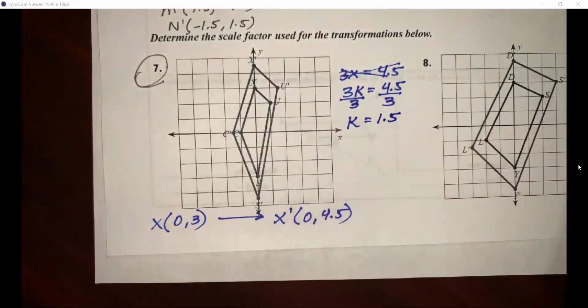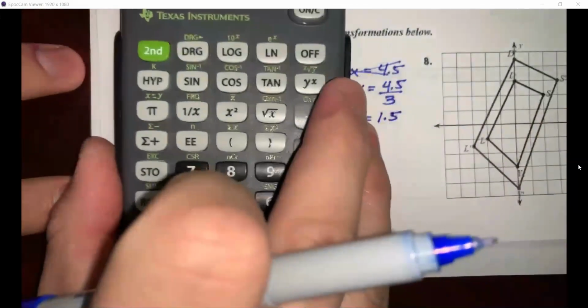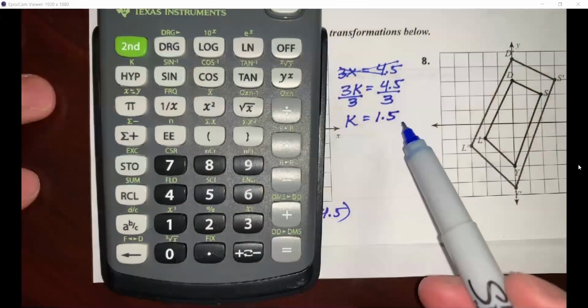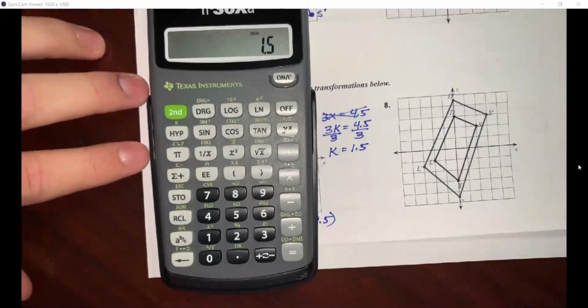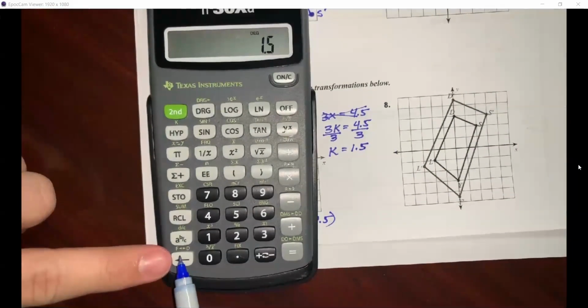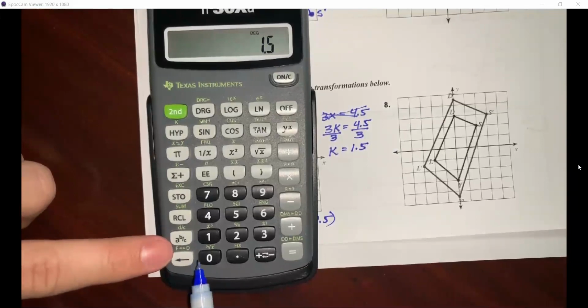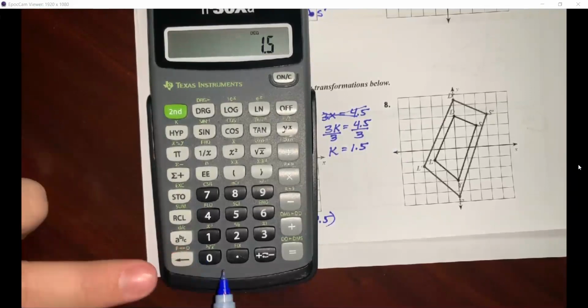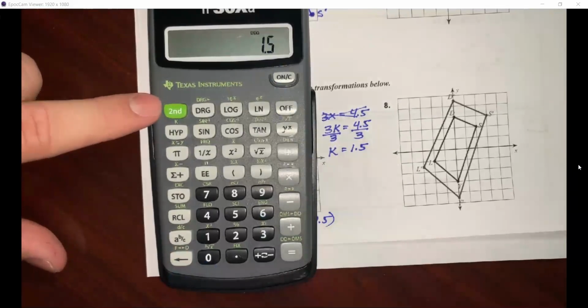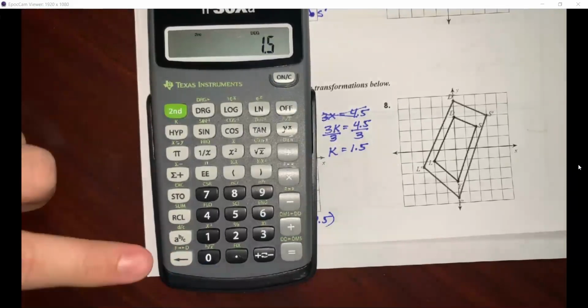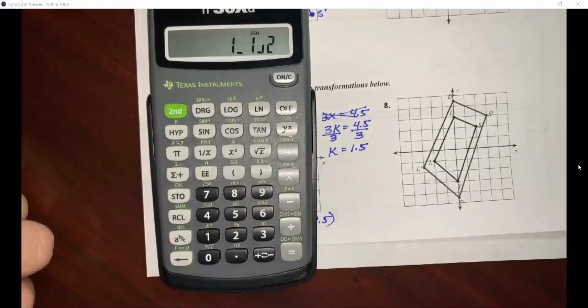Okay, and just a little calculator trick, just in case you guys didn't know this. Sometimes if you want to know the fraction version of a number and you have the decimal, if I look at this calculator, let me zoom out a little bit. You see that little arrow right there? And you see how above it says F to D, like double arrow? That means from fraction to decimal, or the other way around, decimal to fraction. So if you want to reverse this from a decimal to a fraction, you press the second button and then the little arrow, and it'll change it to a fraction.